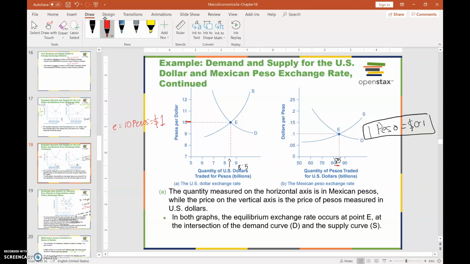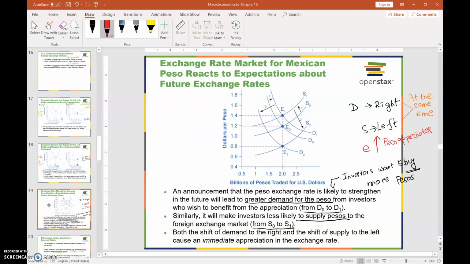Over here I saw 10 pesos is equal to $1, so 1 peso is equal to 1 over 10, which is $0.1.